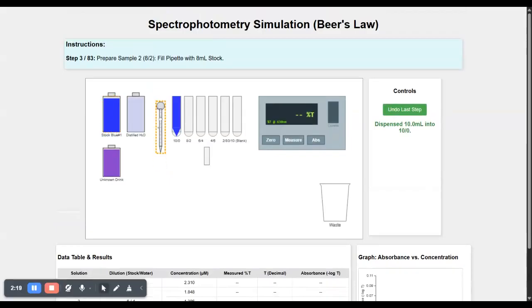So to begin, we're going to grab our pipette and some dye, and place it in the 8/2. Because we have less dye from here, we're going to grab distilled water and place it in the tube. As you can see, we're going to perform the same steps over and over again.